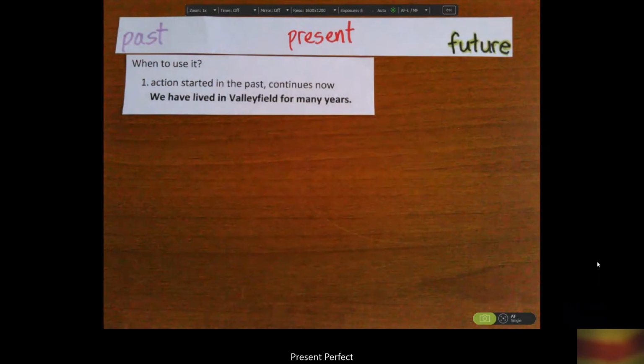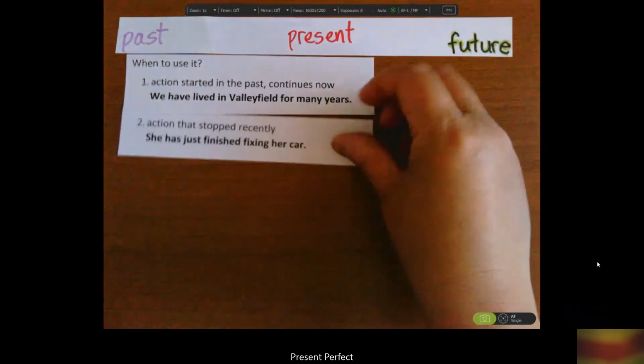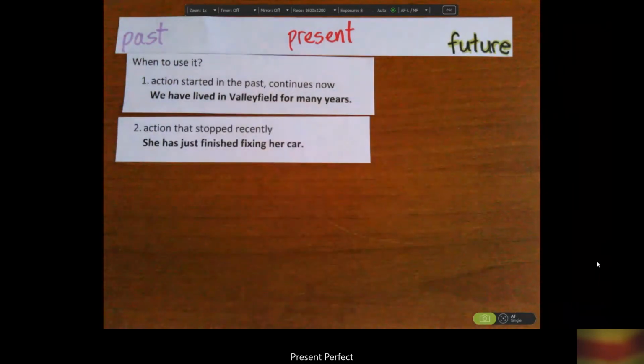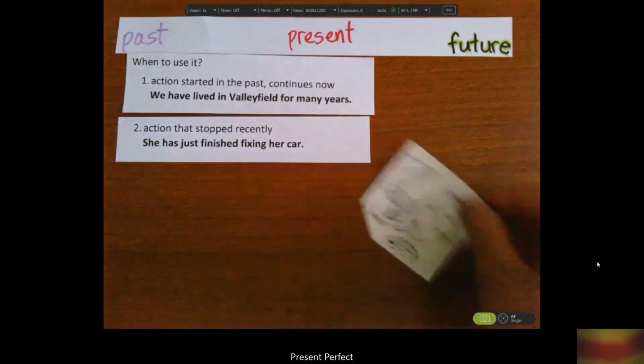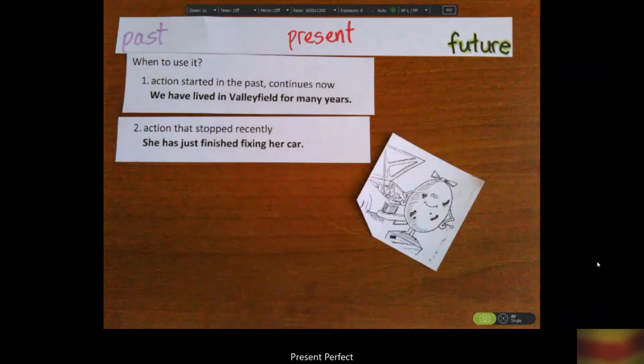If we go to the second example, for an action that stopped recently, she has just finished fixing her car. And I put the word just to mean extremely recently finished fixing her car. Notice that these two verbs were regular verbs.